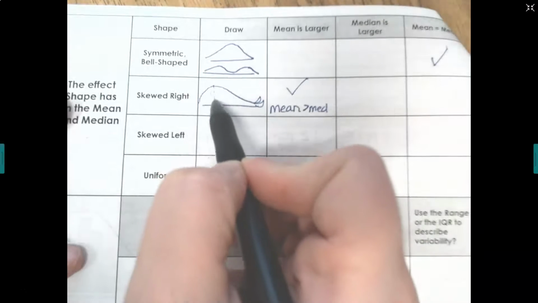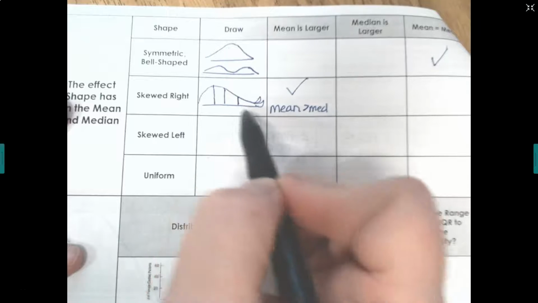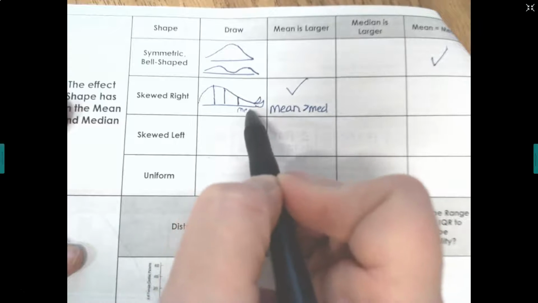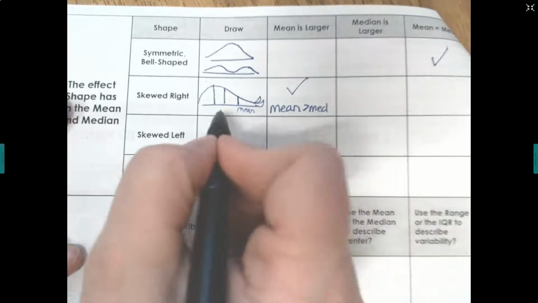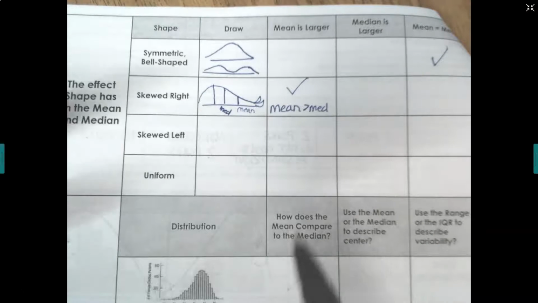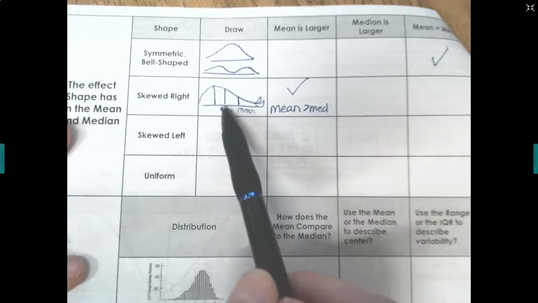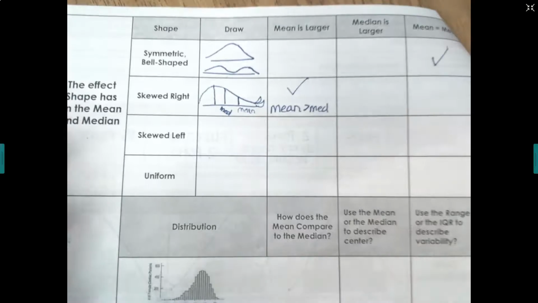So we would have our mode here, the median is still in the middle, and our mean will get pulled furthest. Your median's in the middle. So if you're skewed right, because the mean gets pulled further, the median is closer to the center. We want to use it to describe the center.